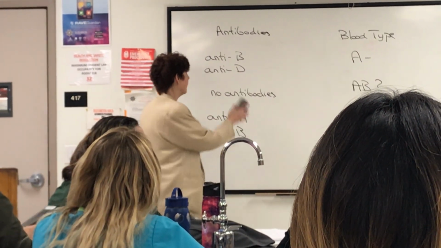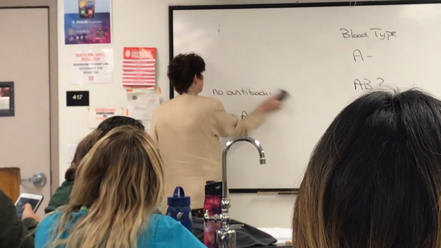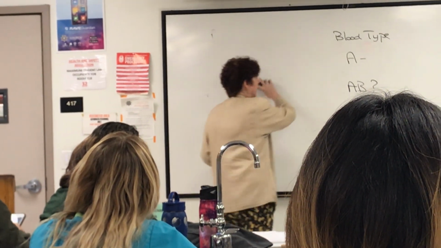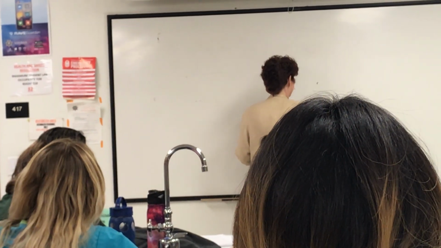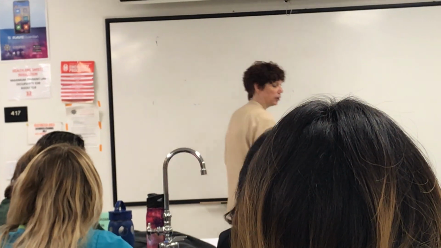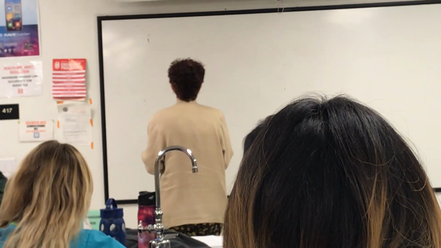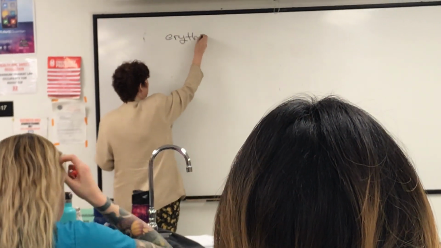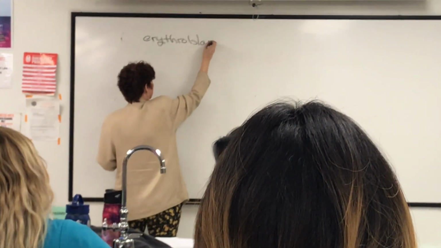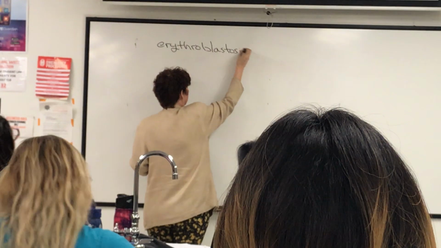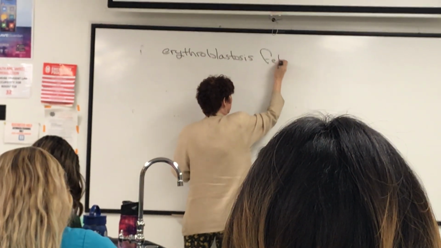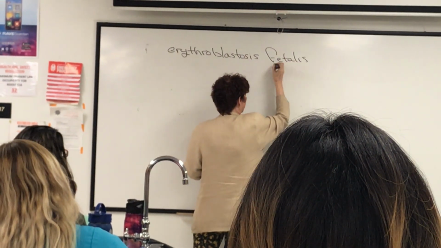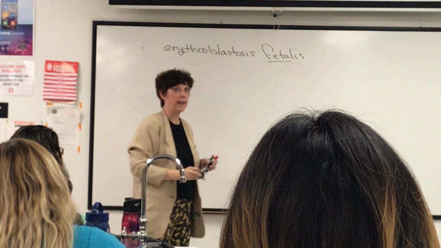Okay. All right. So then the last concept before we take a break and start lab after your break is a condition I've alluded to. That refers to fetal, not fatal, okay?